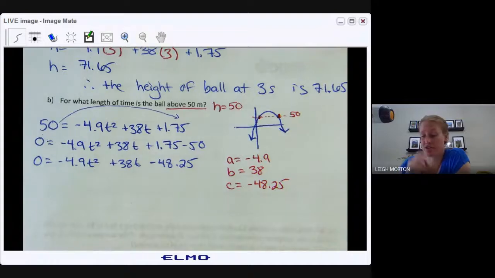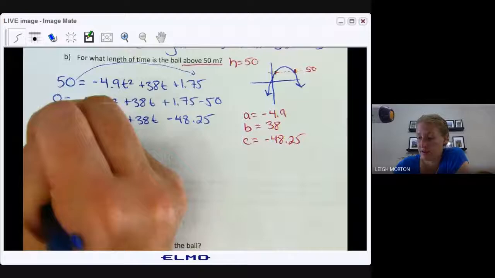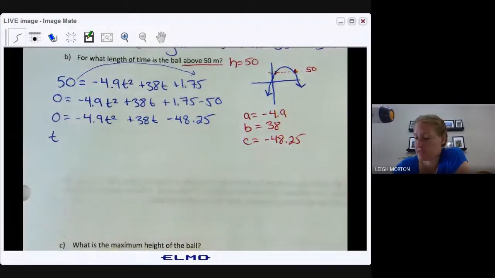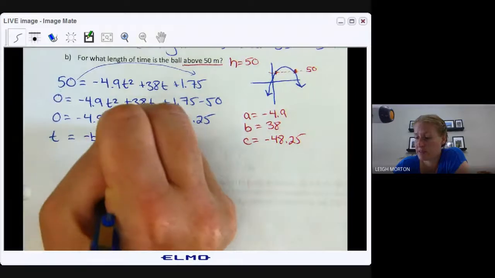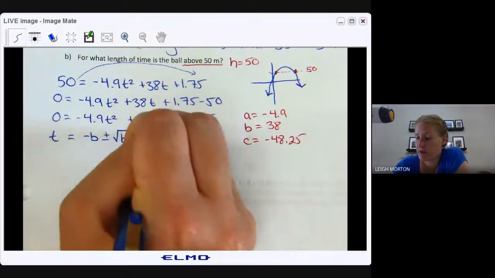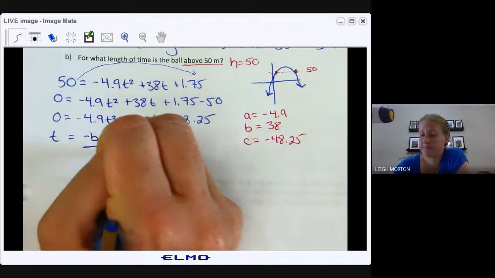I'm going to use the quadratic formula now. Our x variable is t this time, so I'm going to replace it with t equals negative b plus or minus the root of b squared minus 4ac over 2a.